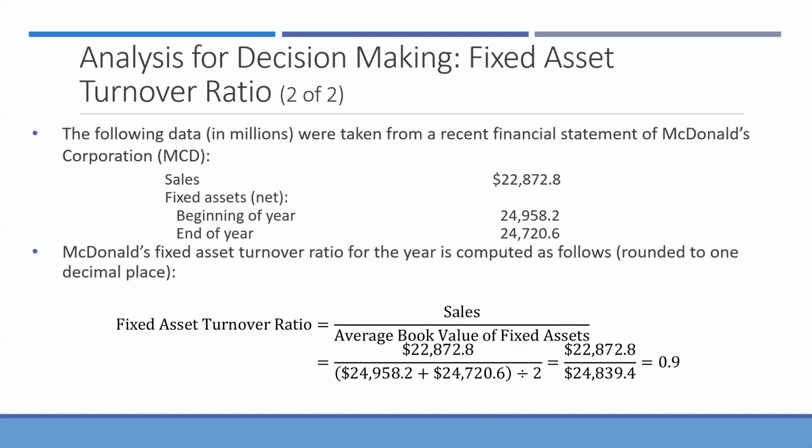And so to calculate it, we take the beginning plus the ending divided by 2 of fixed assets net book value, and then we divide sales by that. And for this business at McDonald's, it's 0.9.